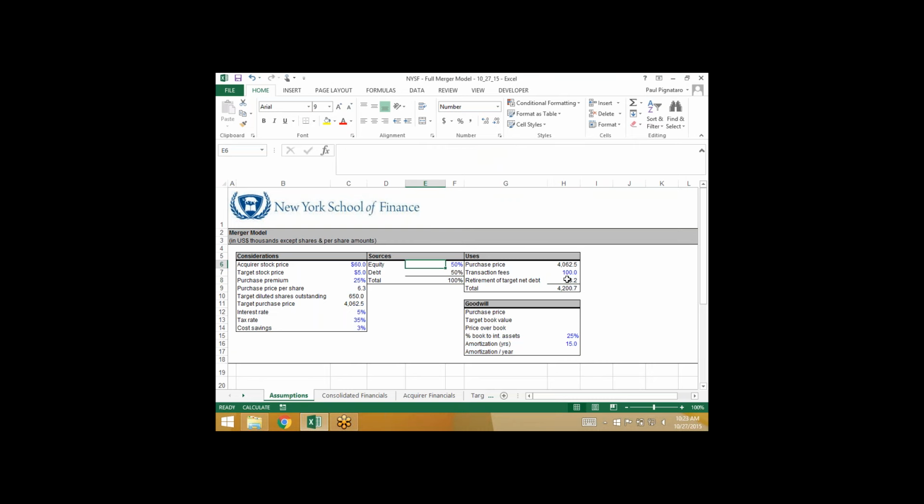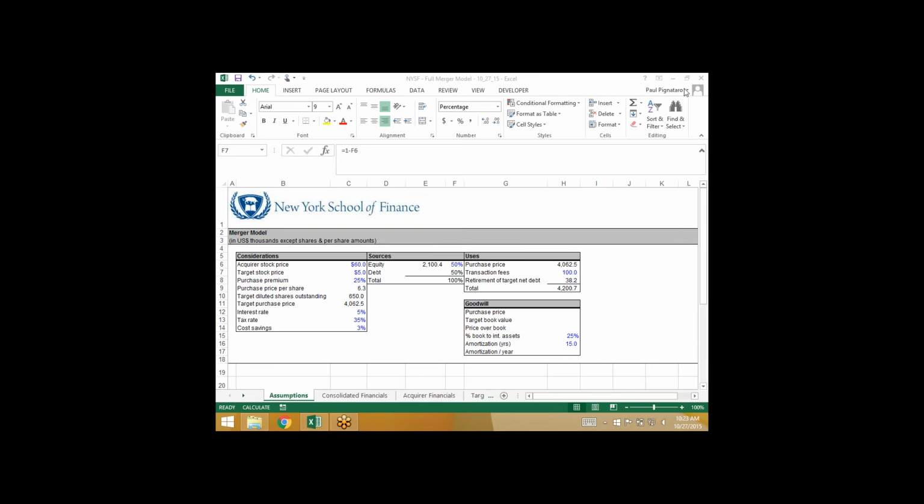Okay, so we're going to assume that the sources are 50% of the total uses. And remember, it's important that one of these is a hard code and the other is dependent on that hard code. This is just 100 minus this percentage, as opposed to having two hard-coded variables, so that we can run sensitivities on just the one variable in a data table.